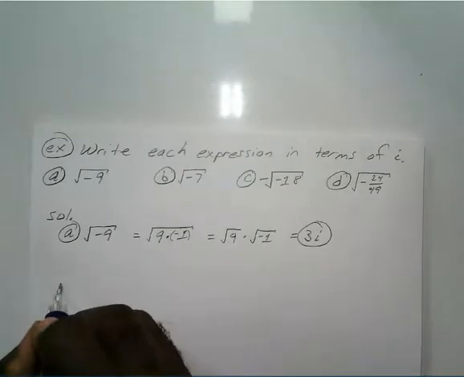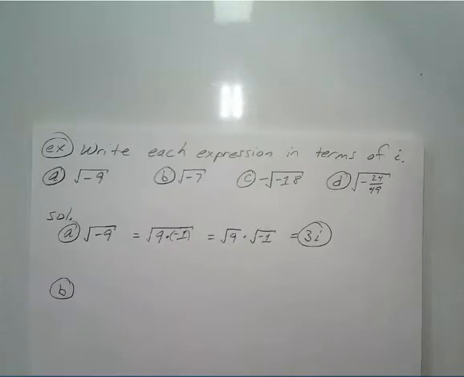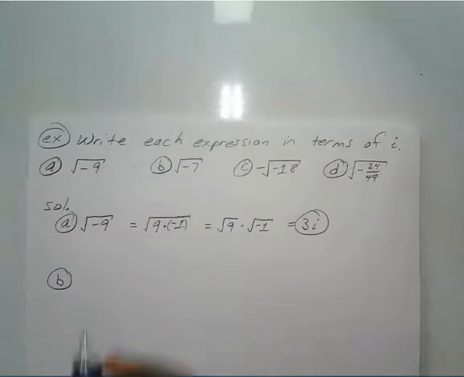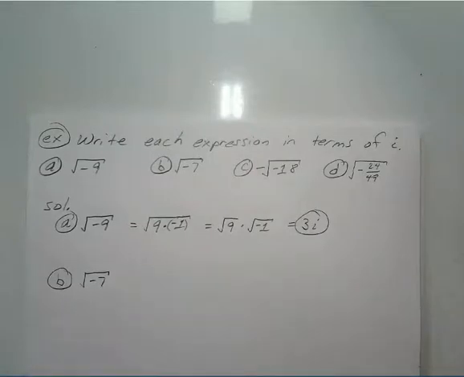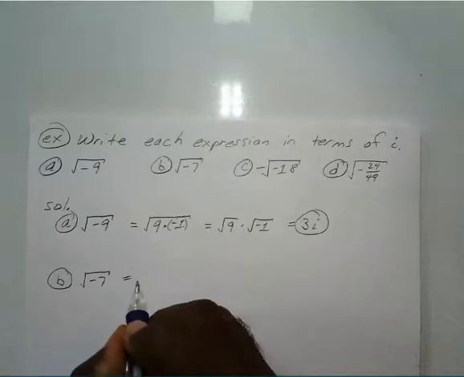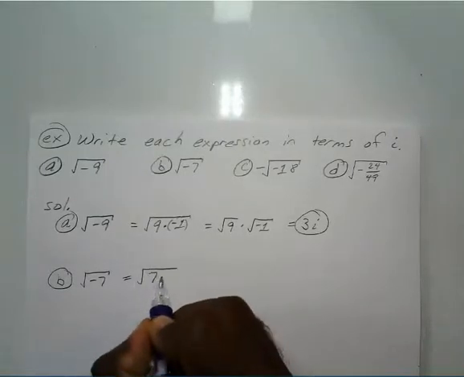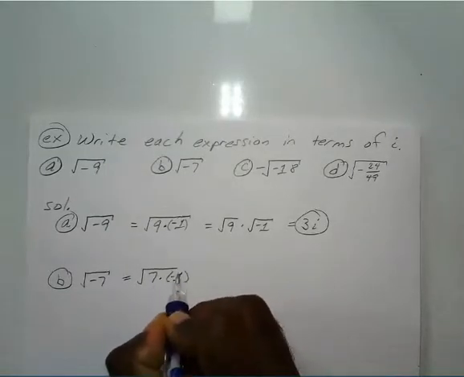Okay, so if we go to problem B, we have the square root of -7. We know that's equal to the square root of 7 times -1.